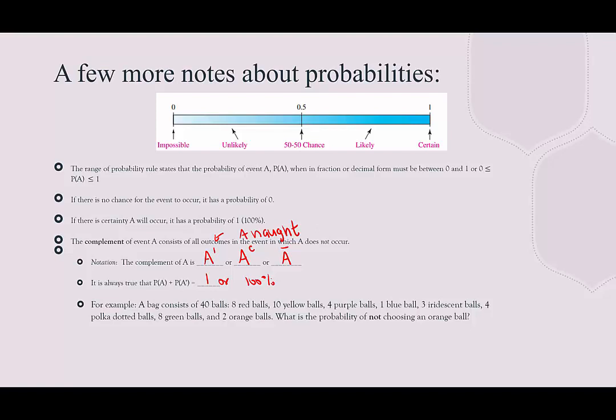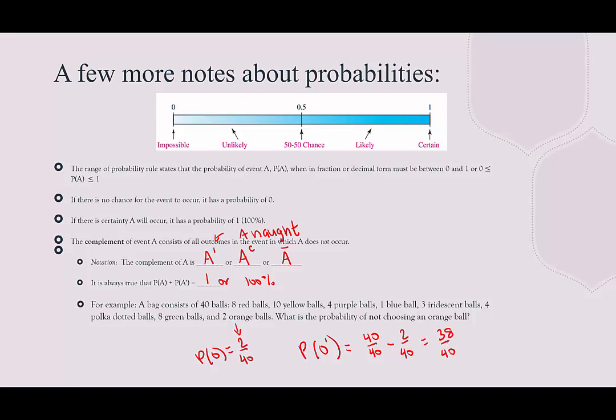So what we could do is say, well, there are 2 orange. The probability of orange is 2 out of 40, which would mean the probability of not orange, right? Because that's what it's asking, the complement of choosing orange would be 100% or 40 out of 40, minus the probability of orange, which would be 38 out of 40.